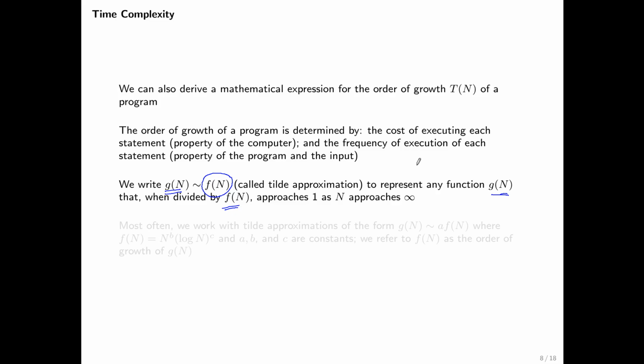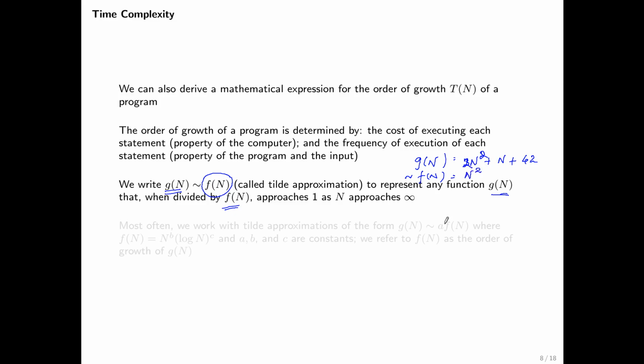Let me give you an example of this. Let's say g of n is the function 2n squared plus n plus 42. What we can do is approximate the function g of n using the function f of n equals n squared.